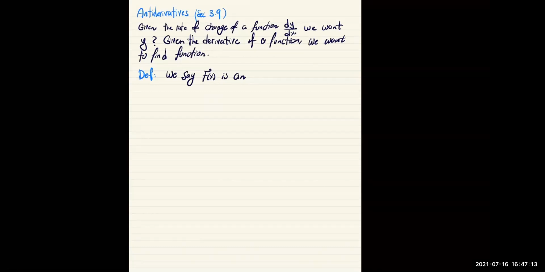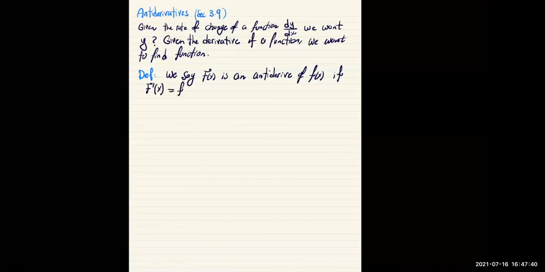We say that capital F of x is an antiderivative, and when I say "an" antiderivative, it means that there could be multiple antiderivatives. It's an antiderivative of little f of x if I take the derivative of capital F to get little f back.